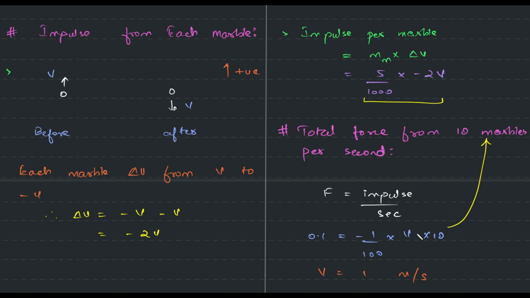So per marble, this is the velocity and impulse, into 10. Impulse per second is all the 10 hits per second. All the 10 marbles hit the disc every second. So impulse per second is proper. And yeah, this is perfect.